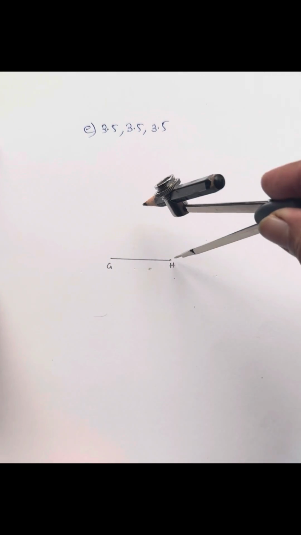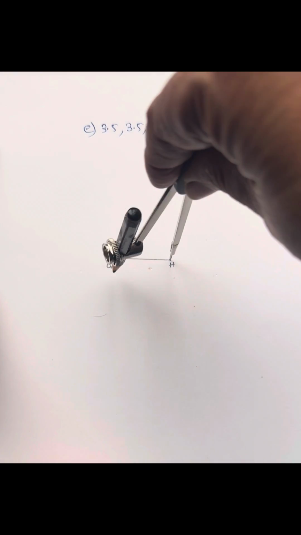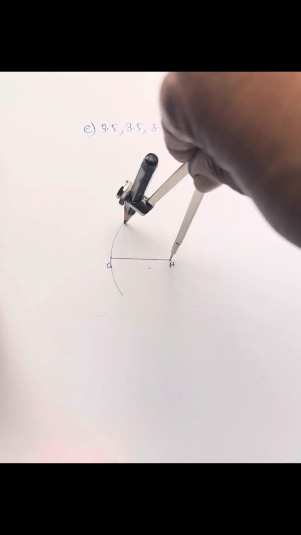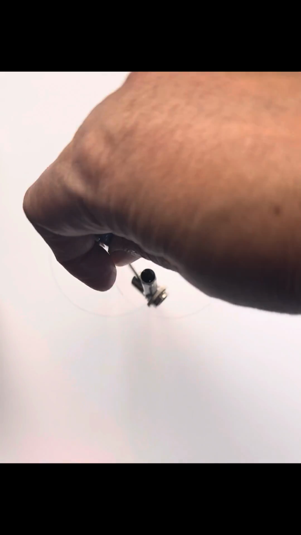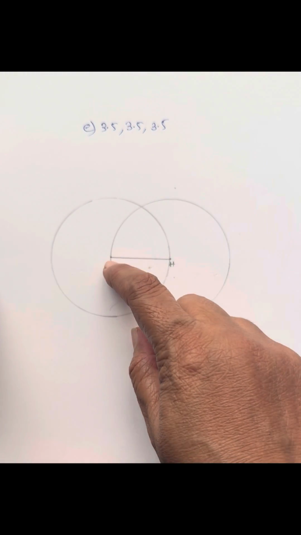So now with the radius 3.5, taking H as a center, draw a circle. Now taking G as a center with the same radius because it's an equilateral triangle. So draw another circle. If you see, we have measured perfectly.